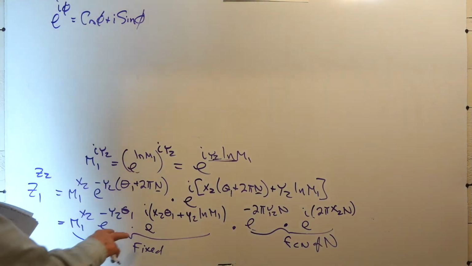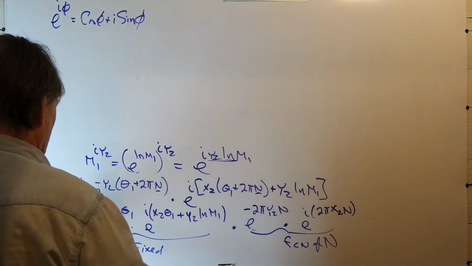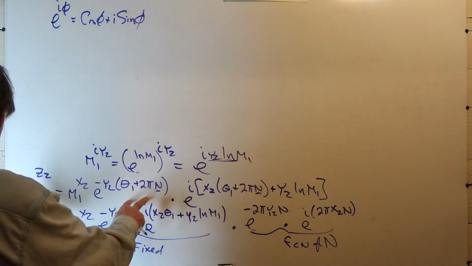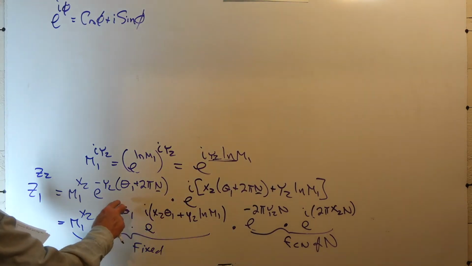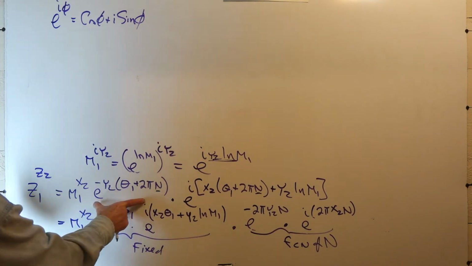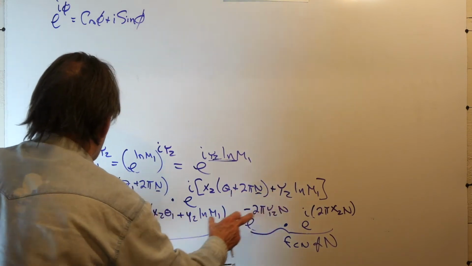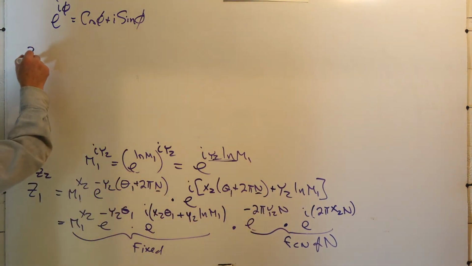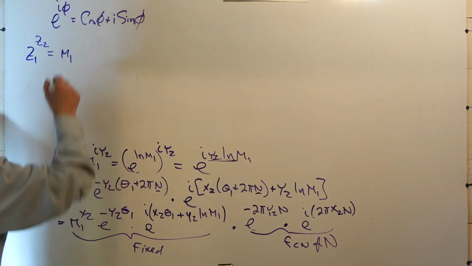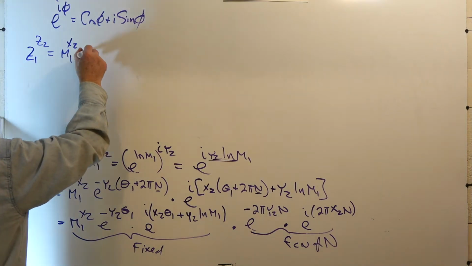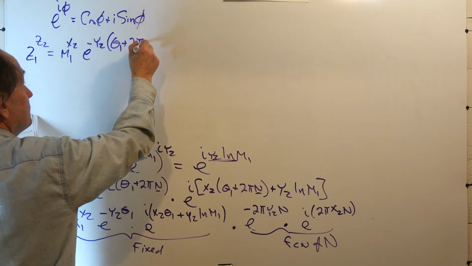We'll use that to expand this out. So I'm just going to start with this form here. And what we will do is this remains, this is the magnitude, and then this is the angle. So the magnitude then, z1 raised to the z2 power, is m1 to the x2 power e to the minus y2 theta 1 plus 2 pi n.